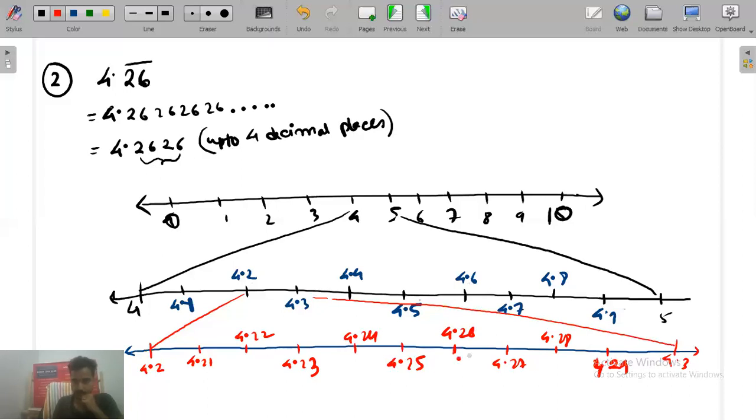So again you have to divide the distance between 4.26 and 4.27 into 10 equal parts. Then you will get 4.261, 4.262, 4.263, like this.